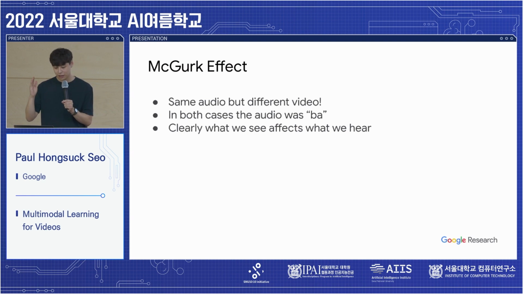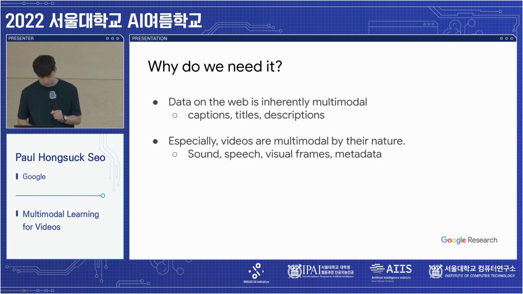This clearly shows that what we see actually affects what we hear. So as a biological model, humans use multiple sensory systems to make robust conclusions and to better perceive the world.